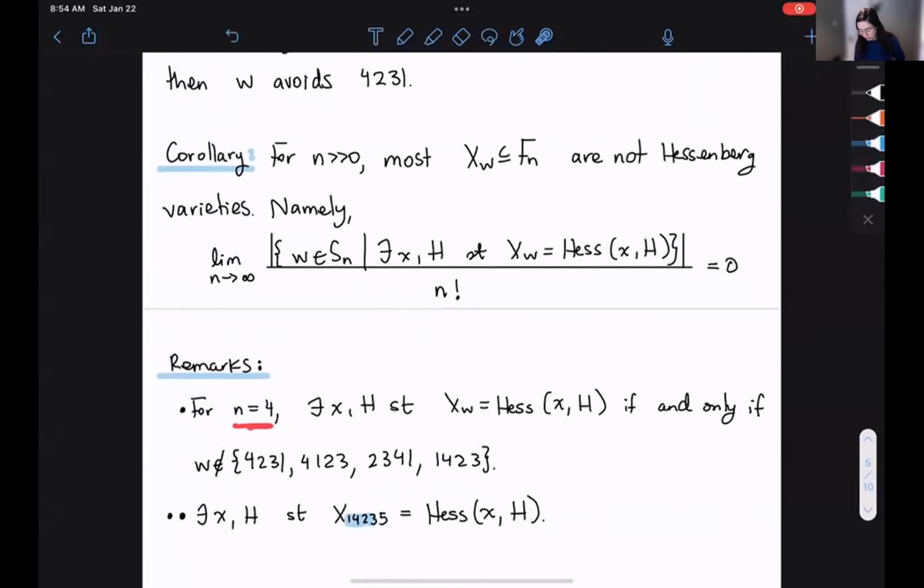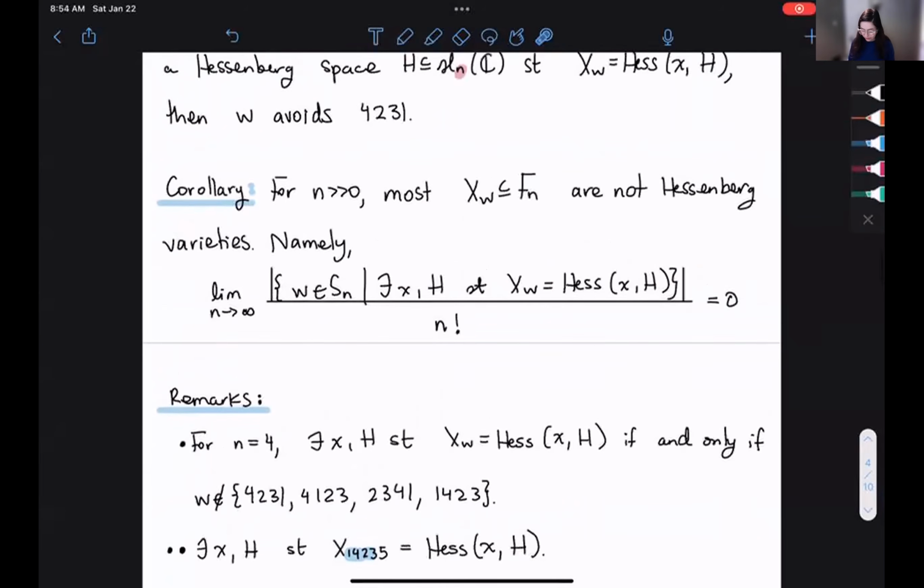For n equals 4, we computed exactly all the X and H that give us a Schubert variety, and we have that this holds if and only if w is not any of these 4 permutations. And so with that, we see that our theorem is not an if and only if, because we have other permutations that avoid this, but they're not Hessenberg varieties.